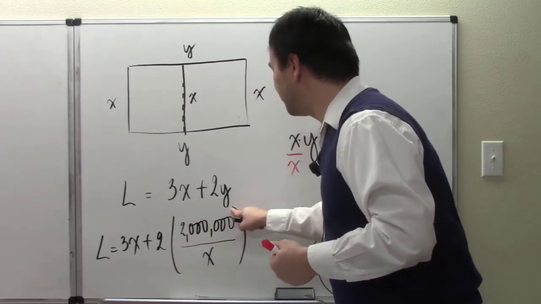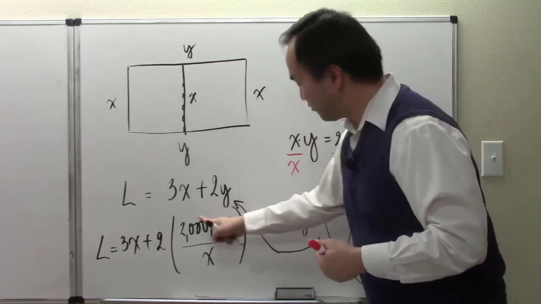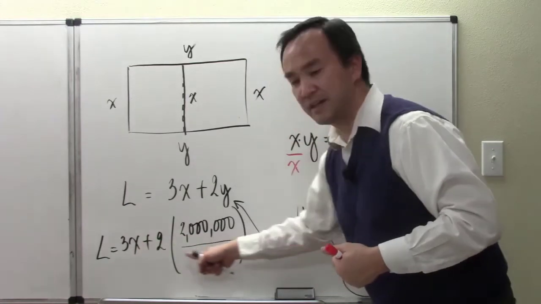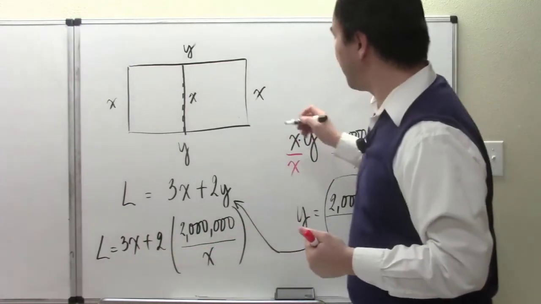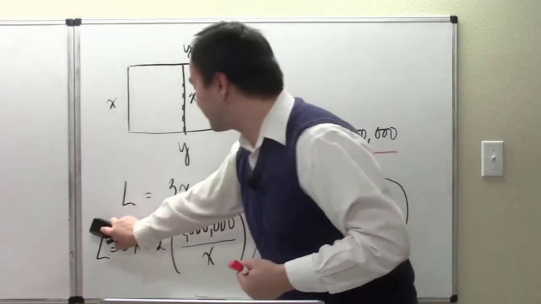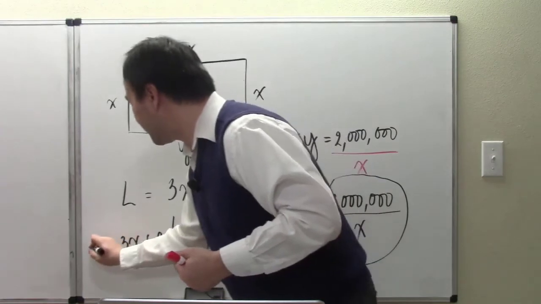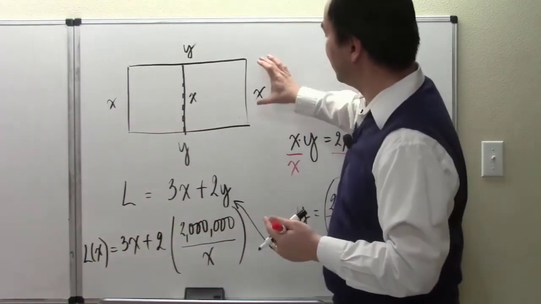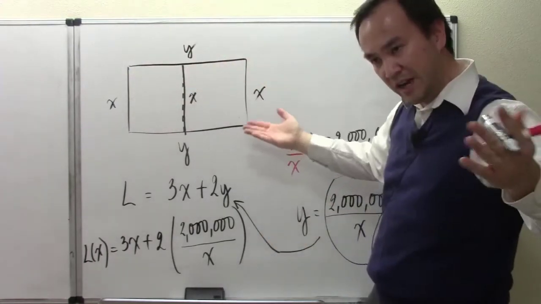And so we have just brought our function down to a function entirely in terms of x. You can now call your objective function L of x. It's the length of all the linear fencing, but that length can be measured only in terms of x, because y is also dependent on, related with x.